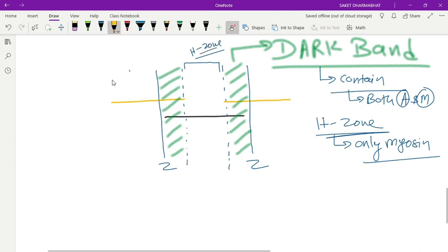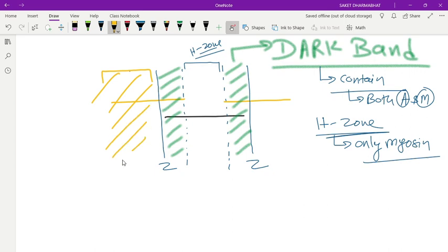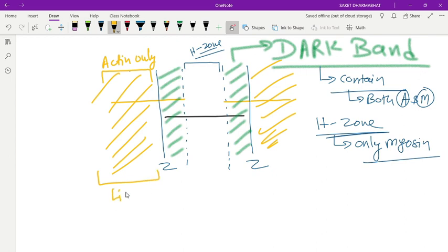Okay. One thing you tell me here in this region, this region as well as this region, what is present? Actin only. So this will look what in color? Light in color.